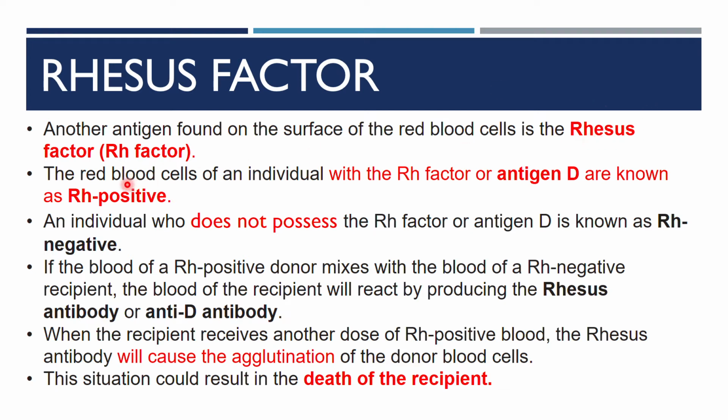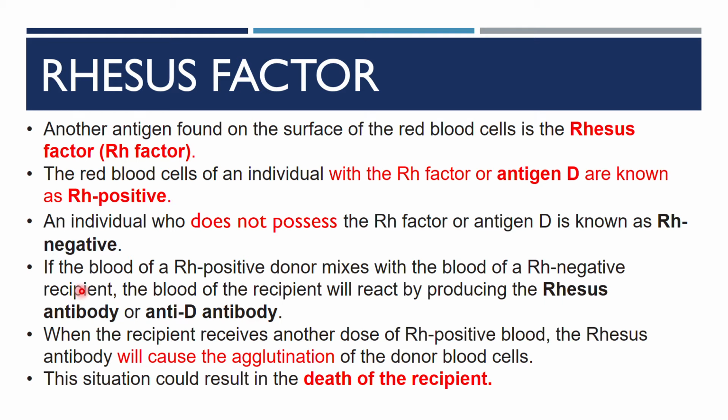The red blood cells of individuals with the Rh factor, or antigen D, are known as rhesus positive. Those who do not have this rhesus factor or antigen D are known as rhesus negative.